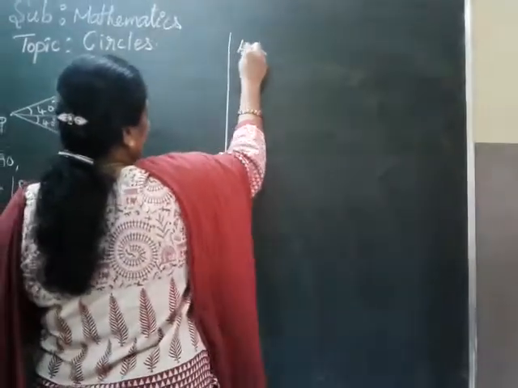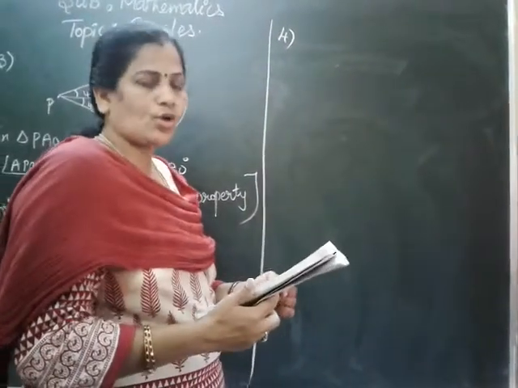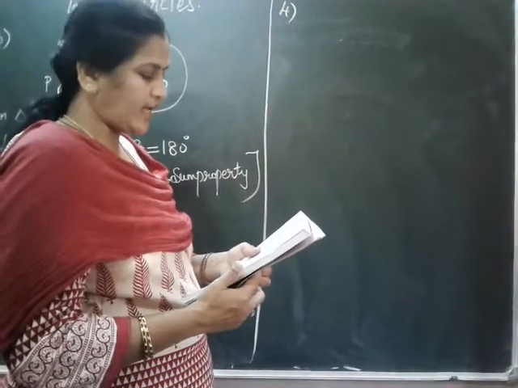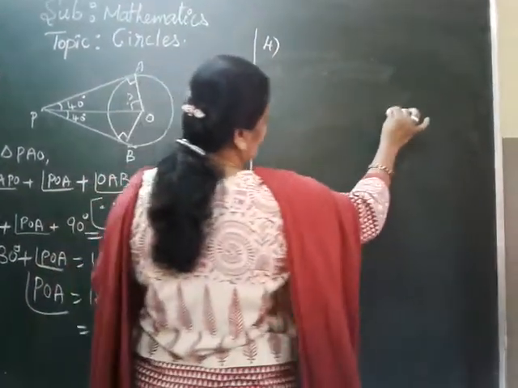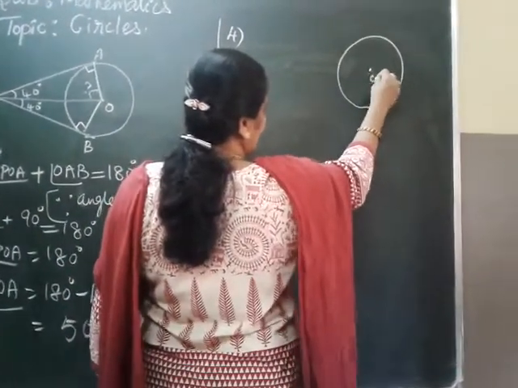The fourth question children, what is the fourth one? Prove that the tangents drawn at the ends of a diameter of a circle are parallel. So this is the circle you take, and this is the center.